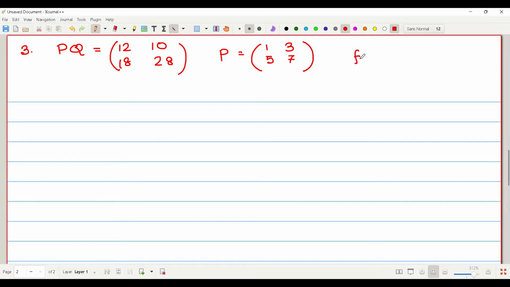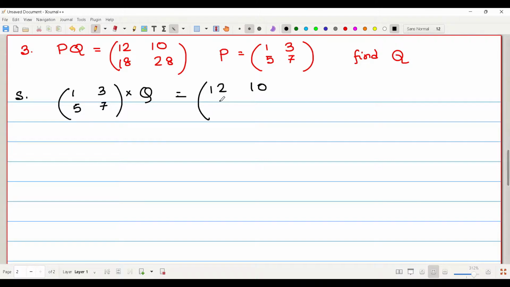So find the matrix Q. So the solution is, in place of P we can write the Q. That means [1, 3; 5, 7] into Q is equal to [12, 10; 18, 28]. That one is our P, and that one is our Q, and that one has been given here.